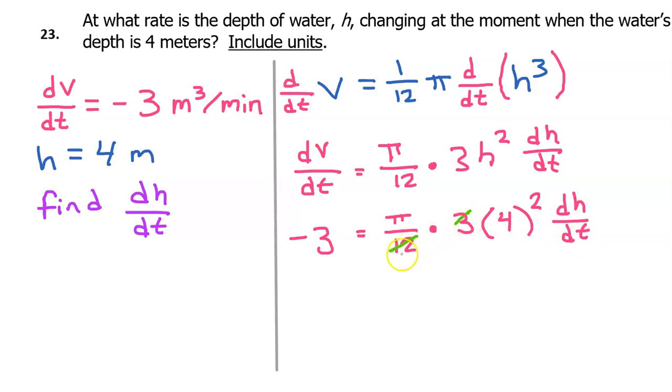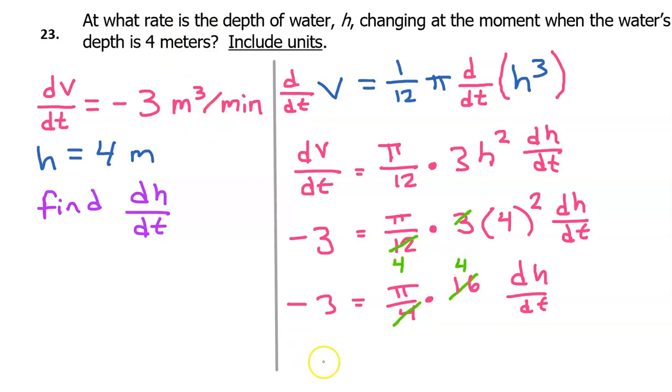So 3 goes into 12 4 times. So now I have negative 3 is equal to pi over 4 times 16, because I have 4 squared is 16, dh/dt. But now 4 goes into 16 4 times.